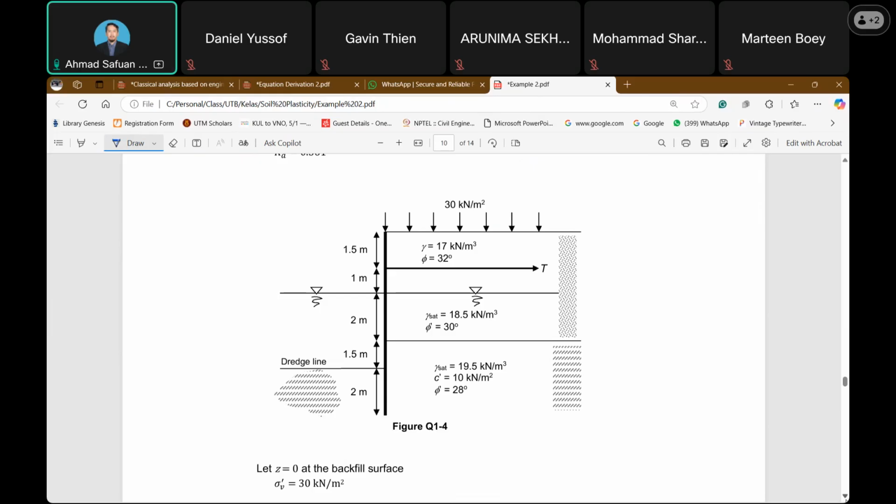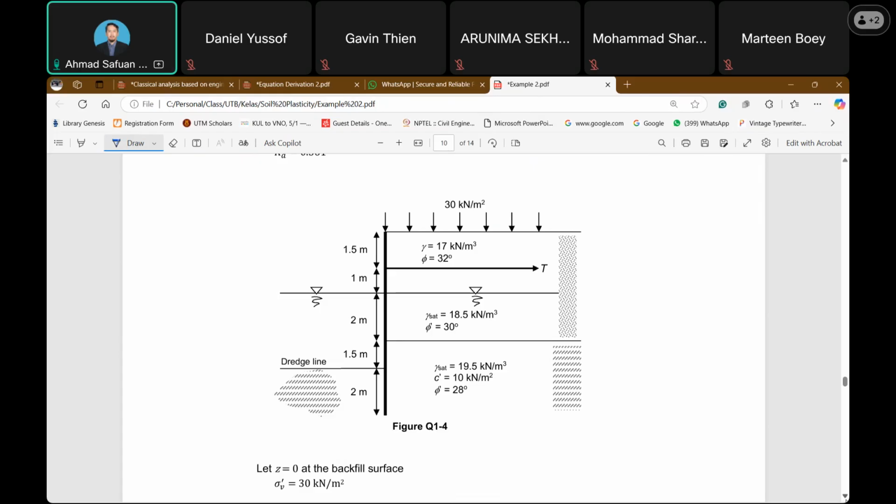It looks like the sheet pile is constructed as a wall, especially nearby the river, or it can also become a quay wall for harbor constructions.